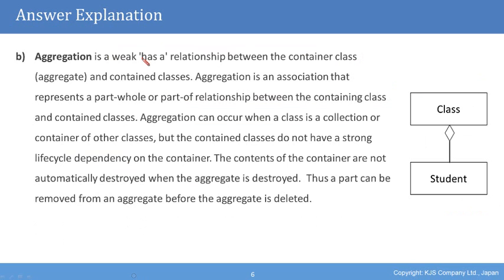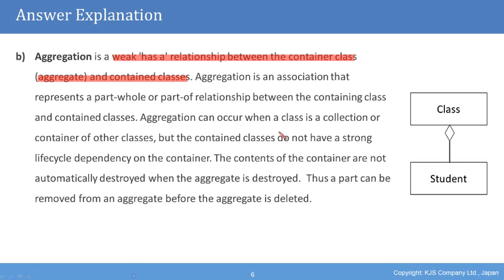Option B. Aggregation is a weak has-a relationship between the container class, which is the aggregate, and the contained classes. Aggregation is an association that represents a part-whole, or part-of, relationship between the containing class and contained classes.